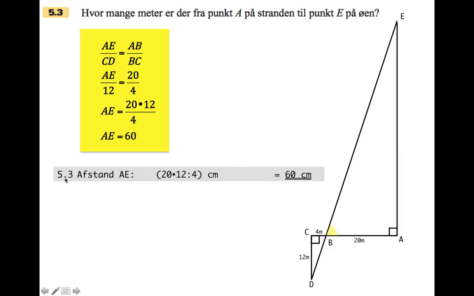So as a neat answer, I've written 5.3, distance AE equals 20 times 12 divided by 4, which is 60. I notice I've written centimetres there. That should, of course, be metres.